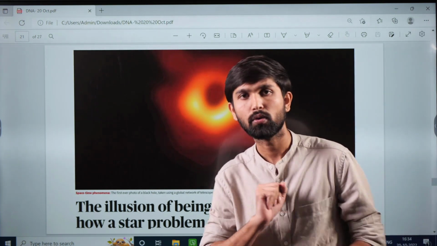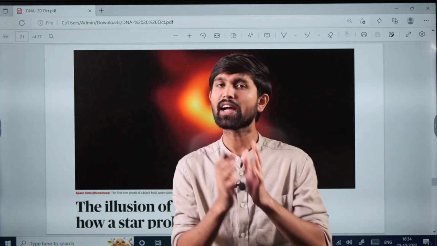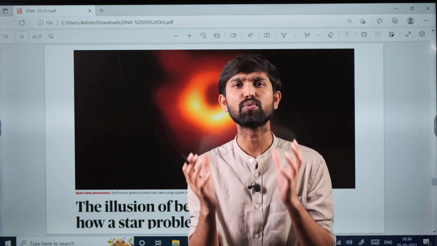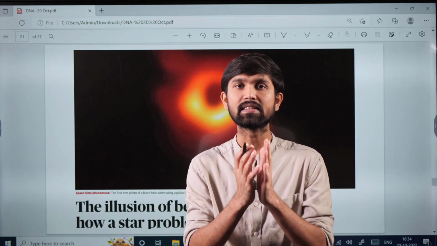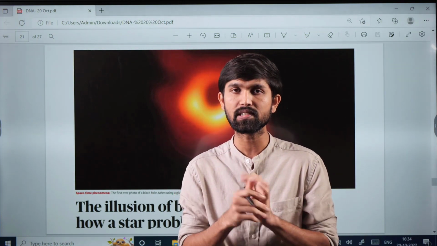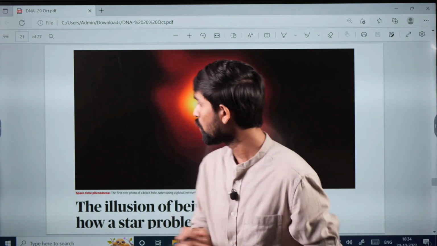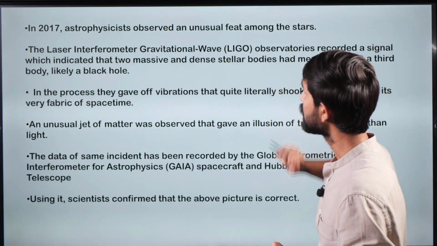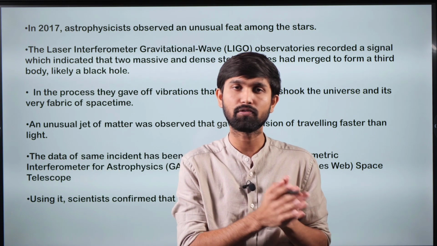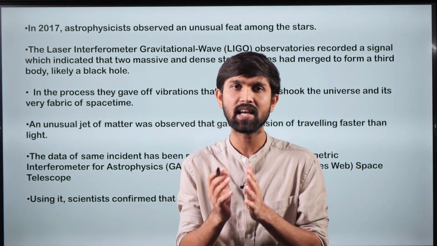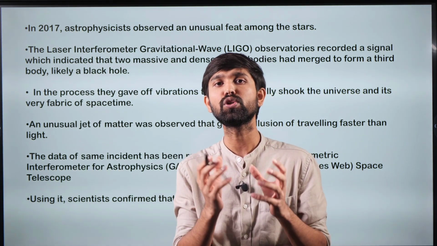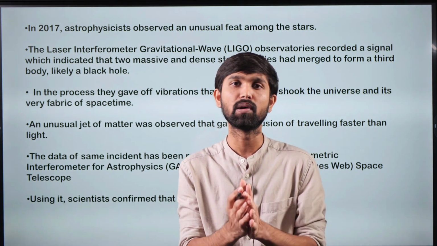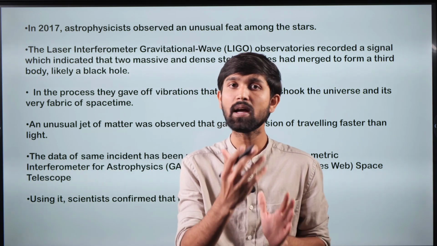Right? We took a look at this video. What did we see? We actually saw two neutron stars colliding with each other and producing massive levels of energy. This is what became the basis of the research, and this is what the article is talking about, wherein it was seen by the astrophysicists that these two neutron stars are actually colliding and merging together to form what is known as a black hole.